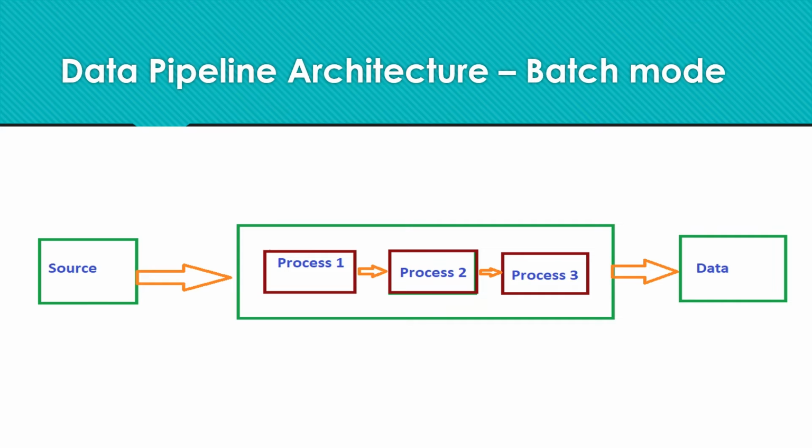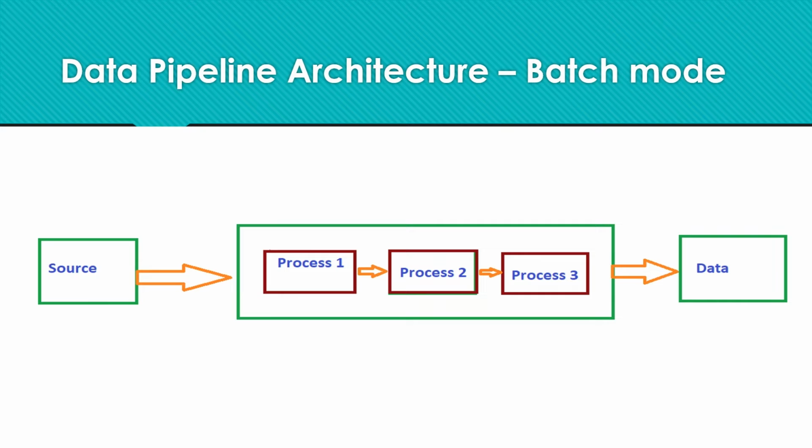When we say batch mode, it means for every run we just pull 10,000 or 20,000 records and process them sequentially. This data flows through processors 1, 2 and 3 sequentially, and each processor performs some functionalities before the data is sent to the next processing unit.